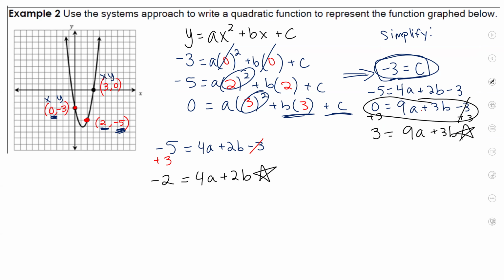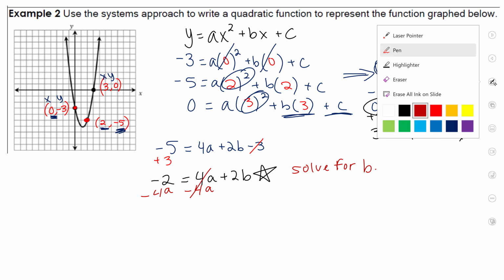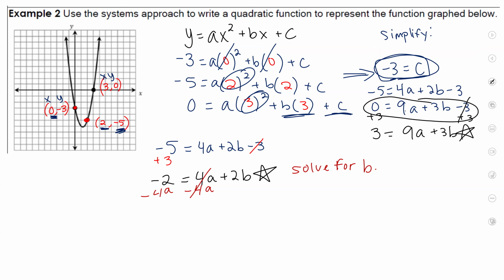So let's go ahead and solve for these. I'm going to solve for b. So I'm going to subtract 4a from both sides. We are solving for b. So I am left with negative 2 minus 4a equals 2b.